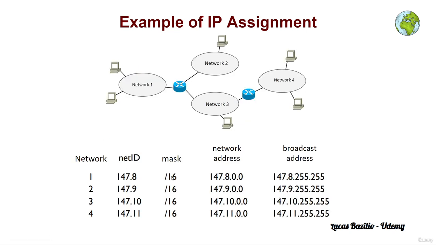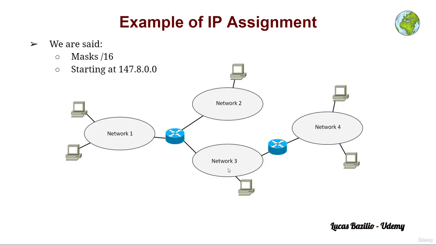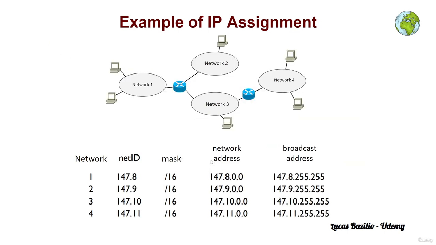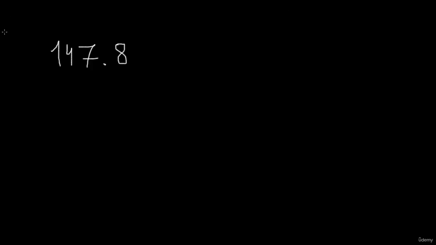The mask is 16 bits. The network address, remember, needs to have all of the host ID bits set to 0. Keep in mind that if we have this network ID and the mask we're using is 16 bits, then the remaining 16 bits are the host ID.